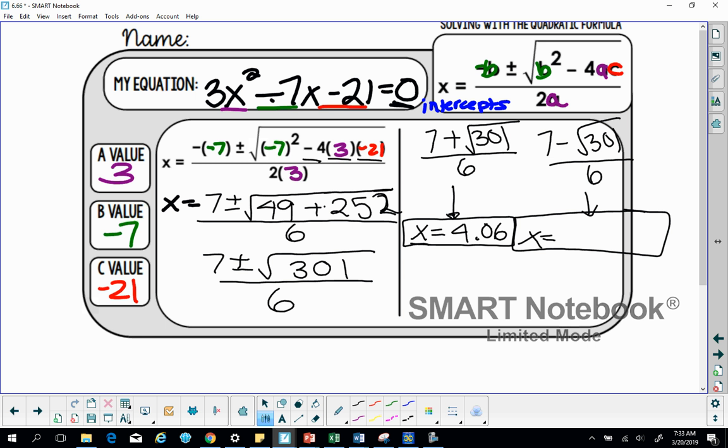Jot it out when you get it. Yep, negative 1.724, so I'll just round it to negative 1.7.